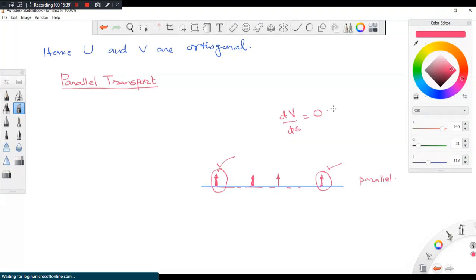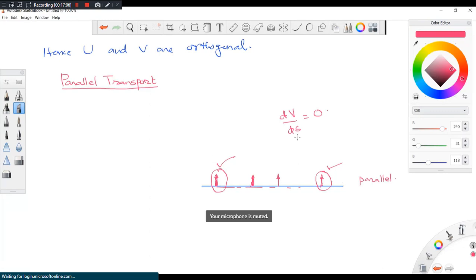What do you mean by dV by dS is 0? It means that the vector has not changed. So for a flat space, where there is no curvature, this will be true. So you can parallelly transport it to the final position.